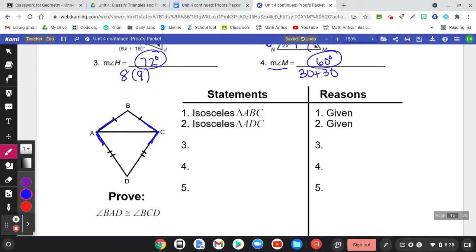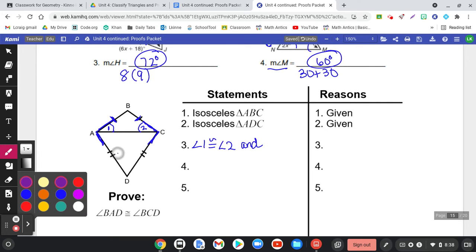All right, so what you can say, if you ever see two sides that are the same, the base angles, which I'm going to call angle 1 and angle 2, are congruent. And if you look at the other triangle, going the other way, angle 3 is congruent to angle 4.